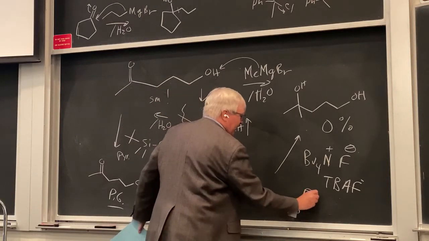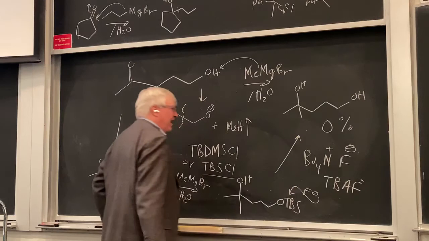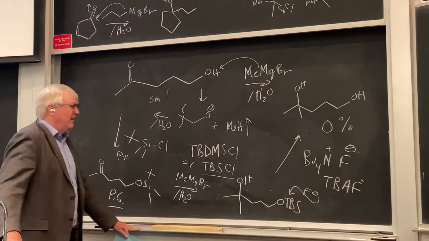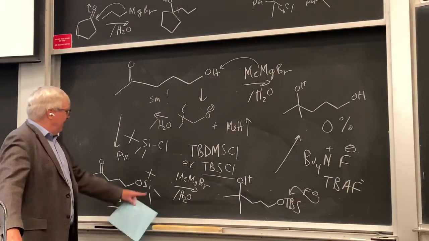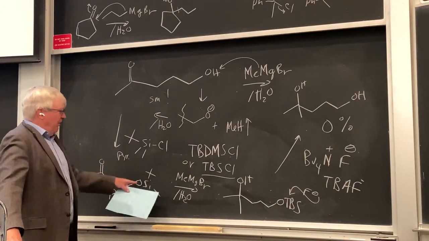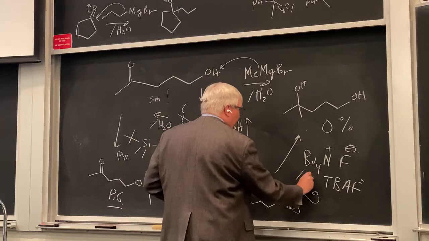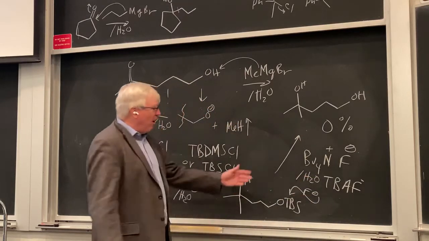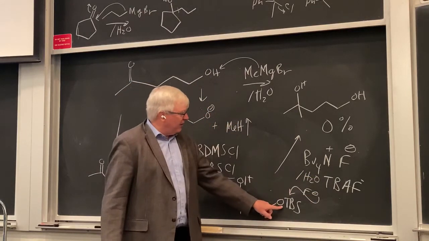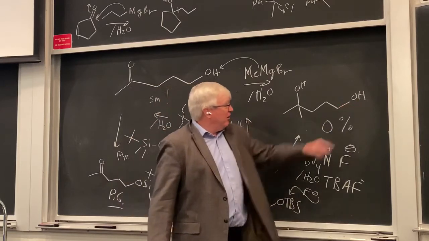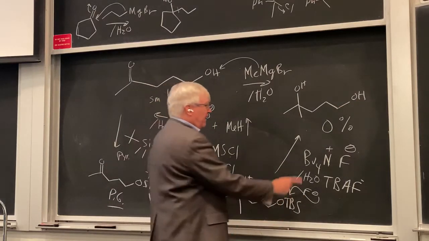And yeah, here's a little bit on the mechanism. Fluoride has a high affinity for silicon that will attack the silyl group, eventually transferring a proton off of there. This is in water, or alcohol is added in the second step, and that protonates this position. So the TBAF takes that off.